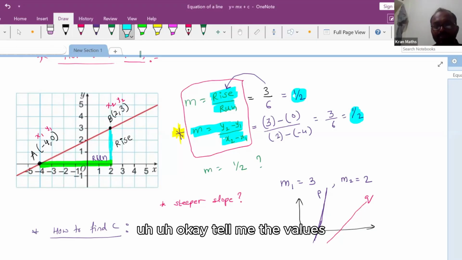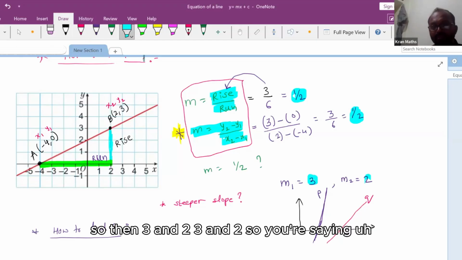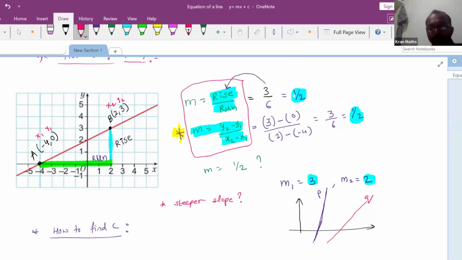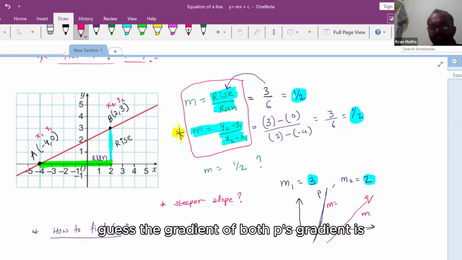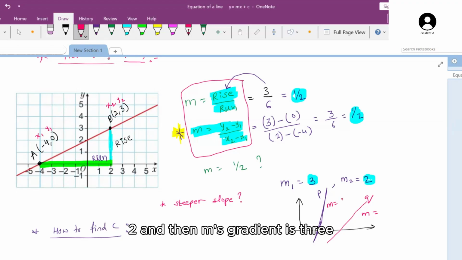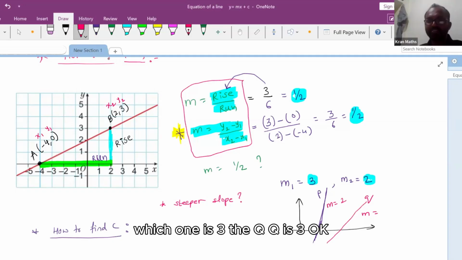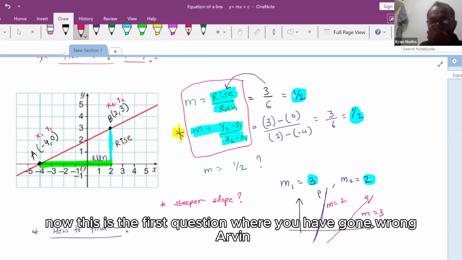Tell me the values. So 3 and 2. Guess the gradient of both. P's gradient is 2 and Q's gradient is 3. Now, this is the first question where you have gone wrong, Arvind.